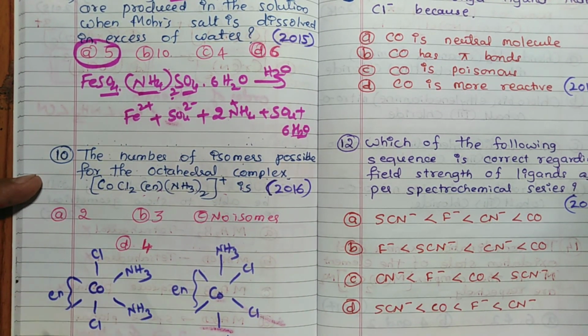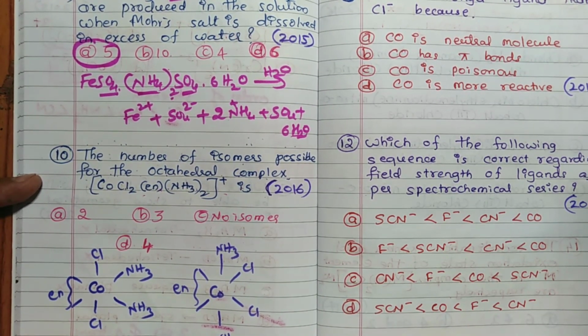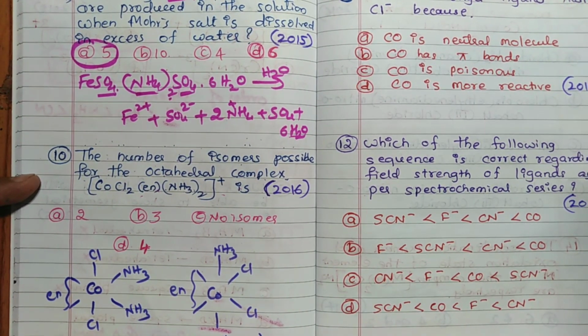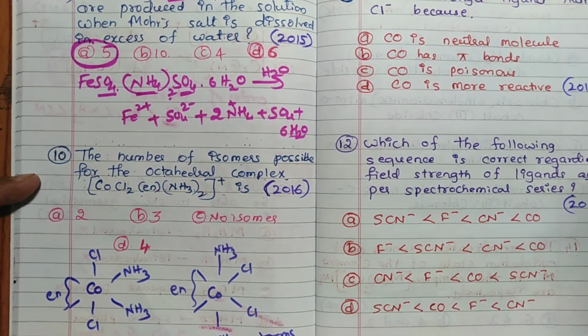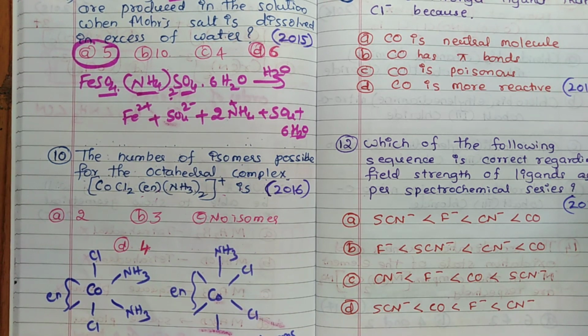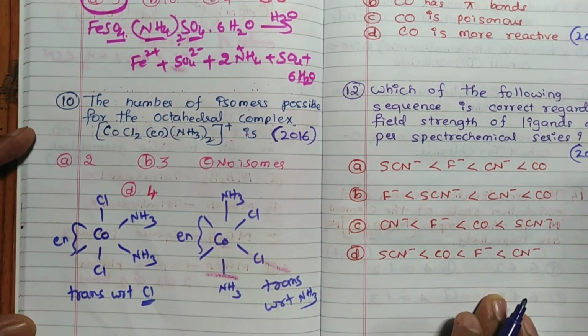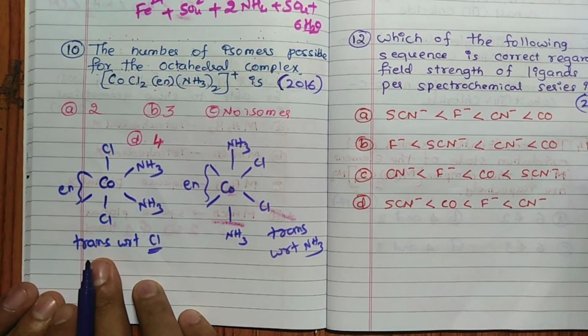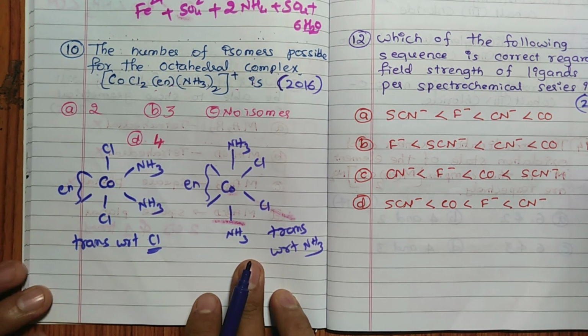Remember, this is trans with respect to Cl, and this is trans with respect to NH3. Now cis is possible, right? This is trans with respect to Cl, trans with respect to NH3.